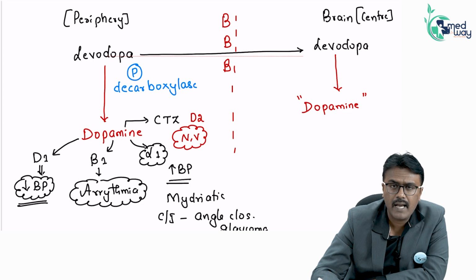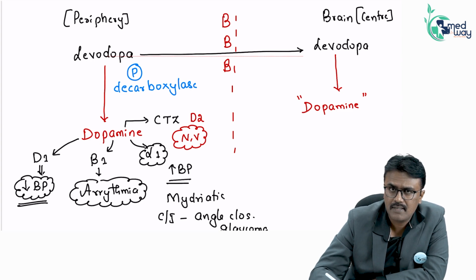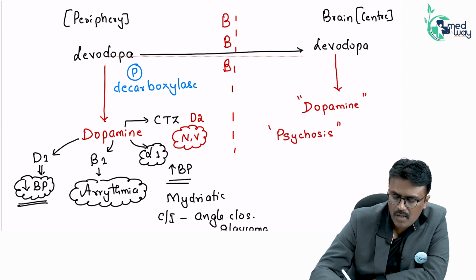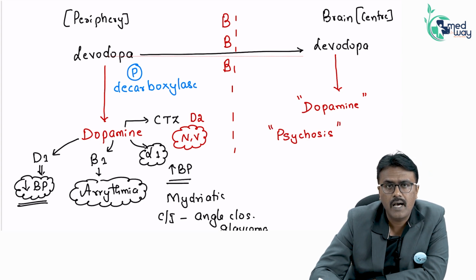No, it can go and work in other parts of the brain. So what happens if dopamine is in excess? This can cause psychosis on long-term use. Sometimes patients on levodopa can experience hallucinations and all.